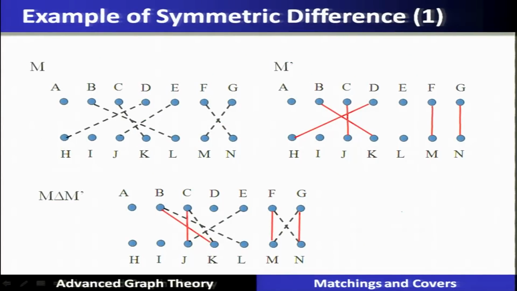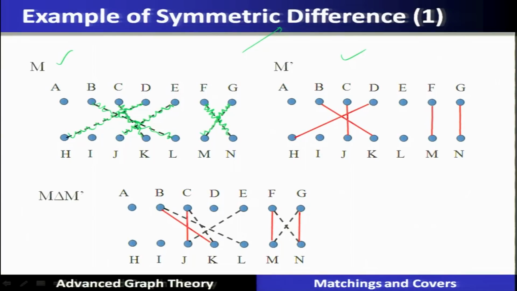In this particular example, we can understand the working of a symmetric difference. Let us say that two matchings are given, M and M prime. M is represented as dotted edges, which I am marking with the green color, and the red color on the right side is M prime.